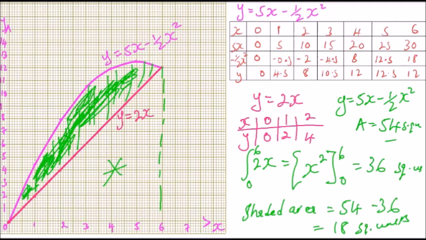We get the area under this curve, and we subtract the area under this line, and we'll be left with this area. So this is the area that is 18 square units. So that is how we work out that question, and by reaching that point, you get yourself full marks.